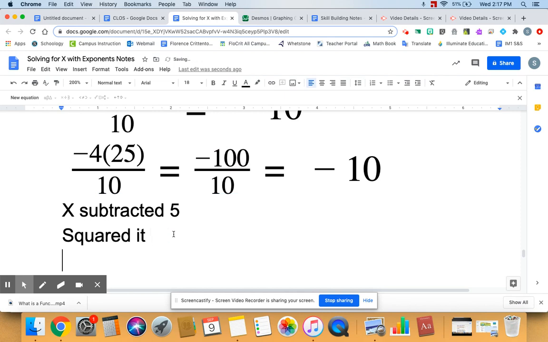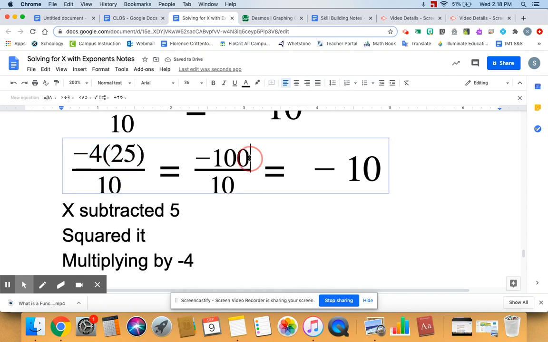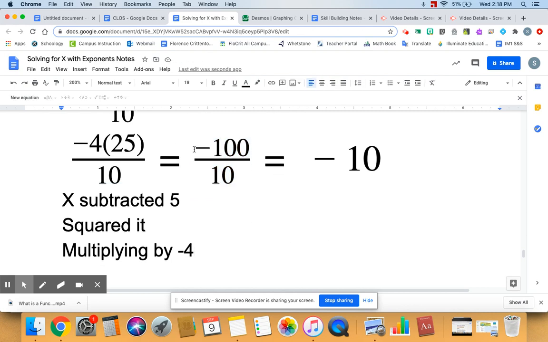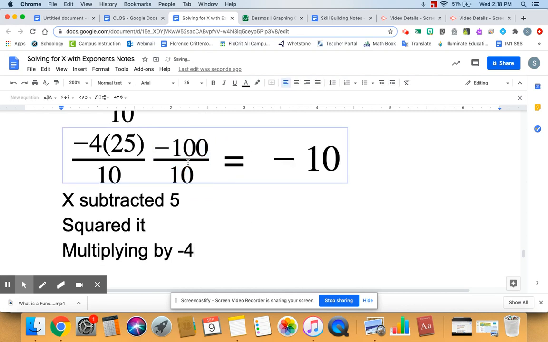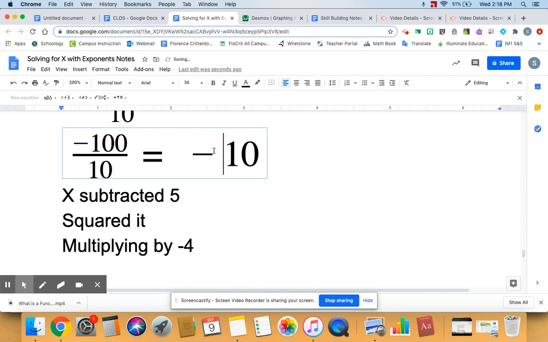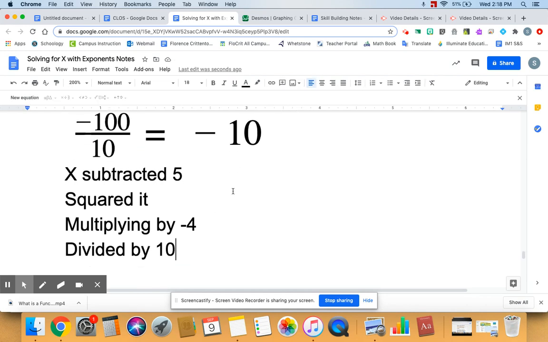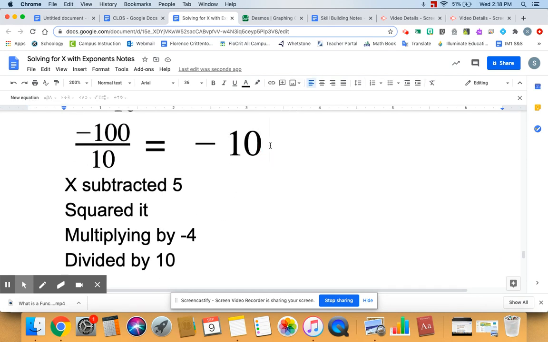And we did that by multiplying the 25 we had by the -4 that was in front. And that's how we got that -100. And so now we're on this step. Then to go from here to here, the last thing we did was we took our answer that we're on and we divided it by that 10. That's the order we went in to get their final answer.